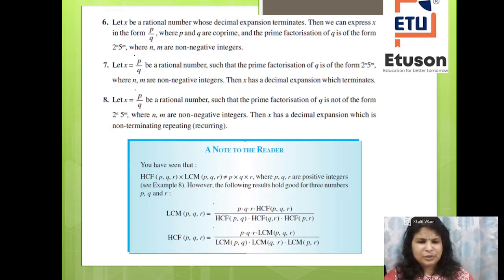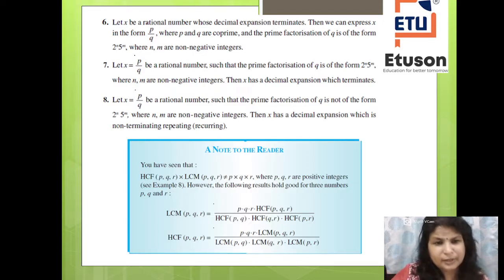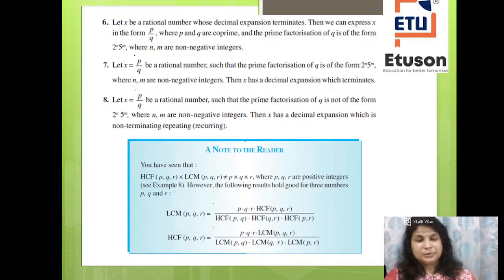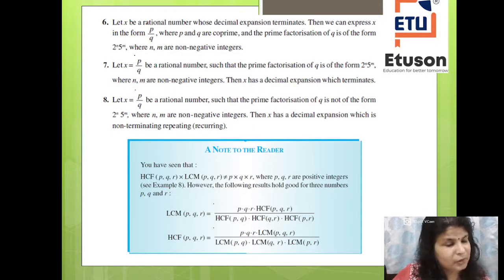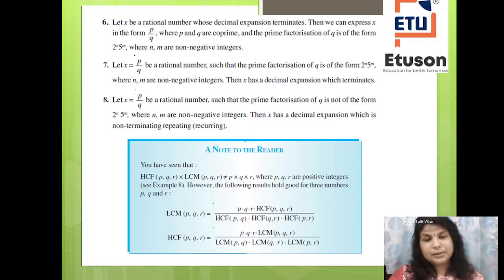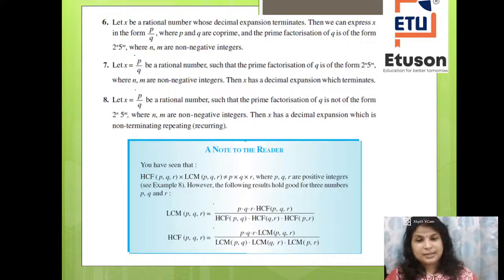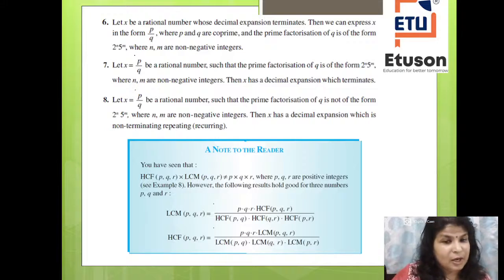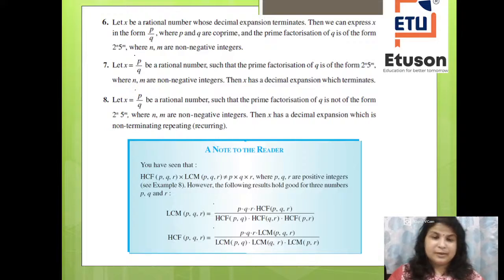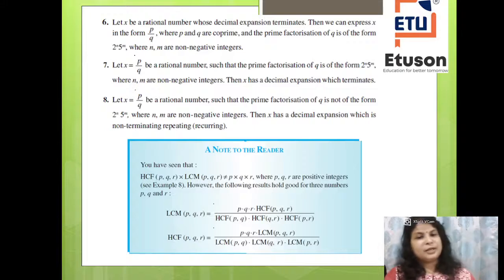And also you can find a note here. Previously we solved problems taking two numbers, where the relationship between two numbers and their HCF and LCM was that the multiplication of their HCF and LCM was the product of the numbers. So here there is a note on how you can implement this with three numbers.